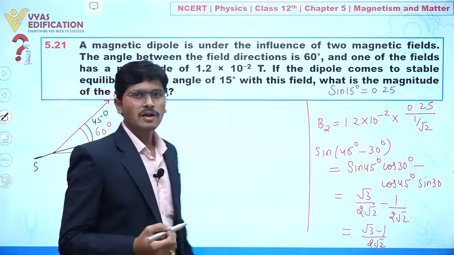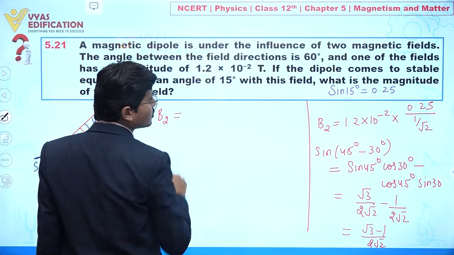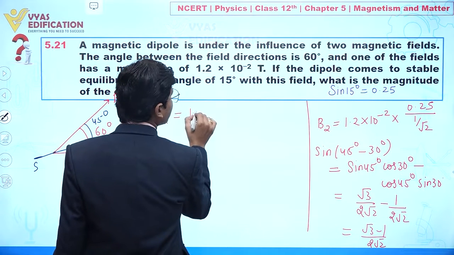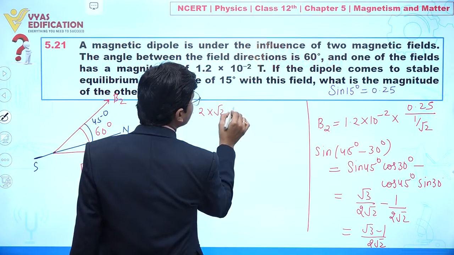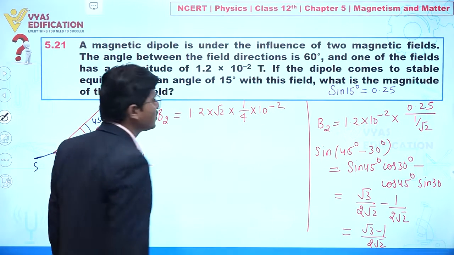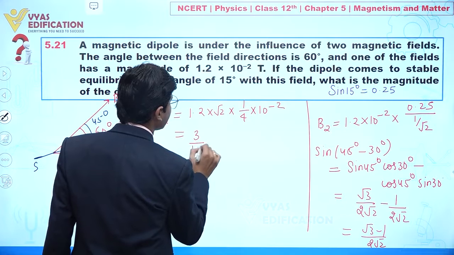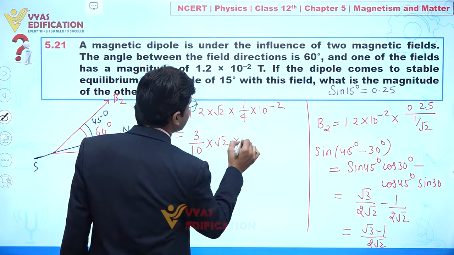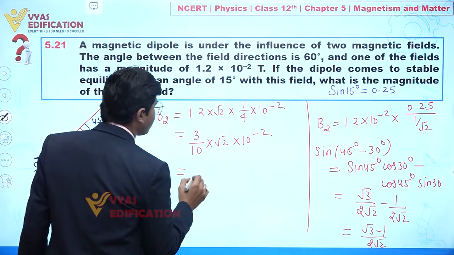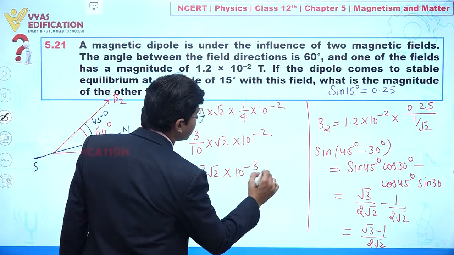Now the value of B2 is given by 1.2 into root 2 into 1 by 4 into 10 to the power minus 2. So from here we can write this as 3 divided by 10 into root 2 into 10 to the power minus 2, which is 3 root 2 multiplied by 10 to the power minus 3 Tesla.